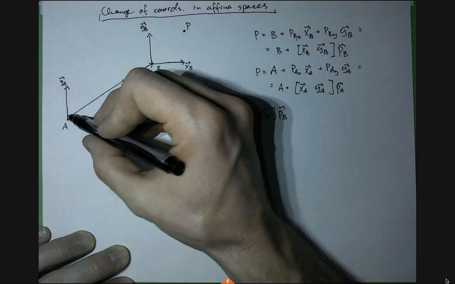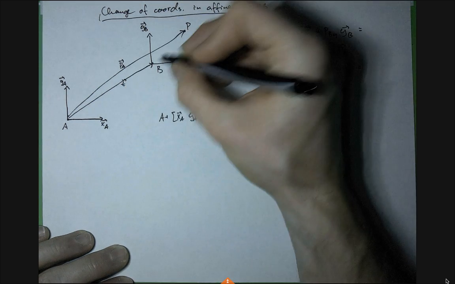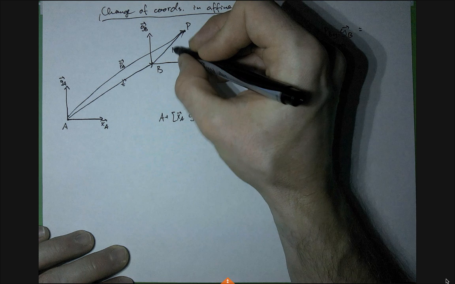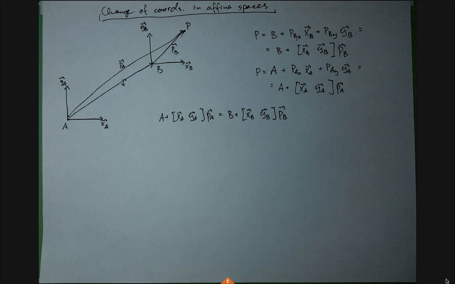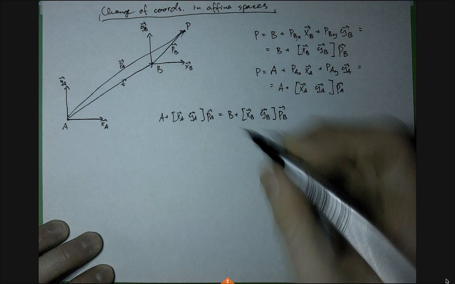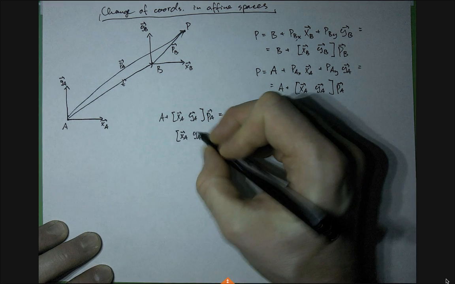I guess I could draw these vectors there. Oh, sorry, that was supposed to be straight line PA. And this is supposed to be straight line corresponding to my PB coordinates. So what I can do is this. I can move A to the other side.